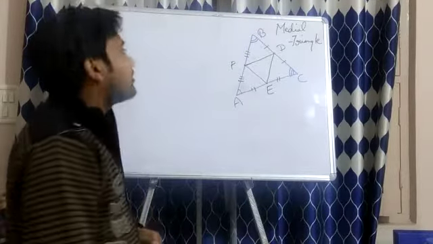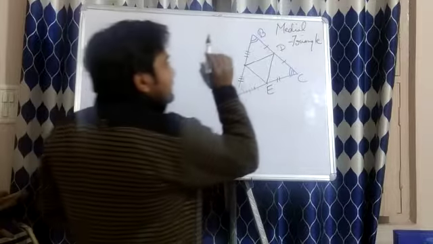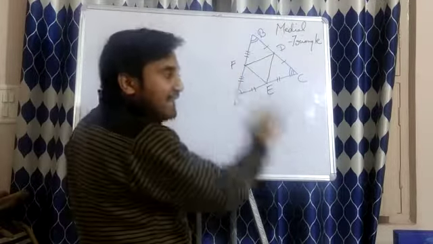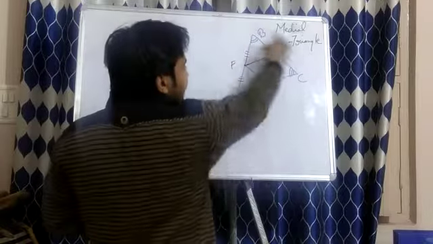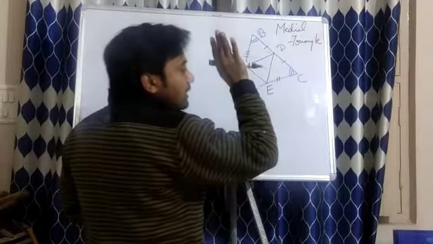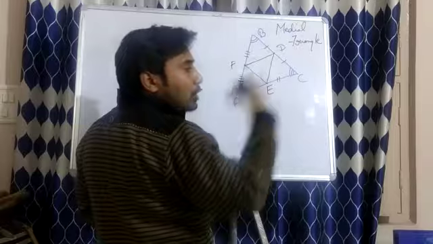Now there are some interesting properties that are associated with this medial triangle. The important property is that the medial triangle divides the larger triangle ABC into four smaller triangles which are congruent to each other.